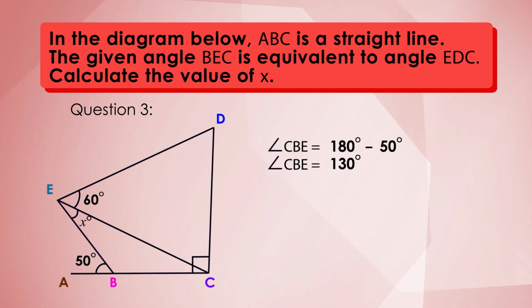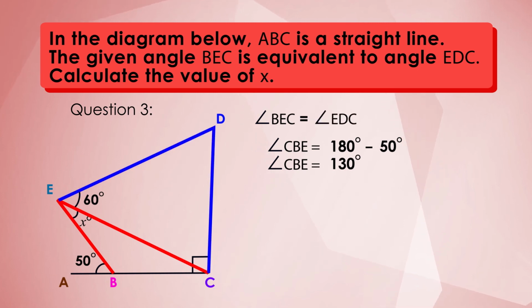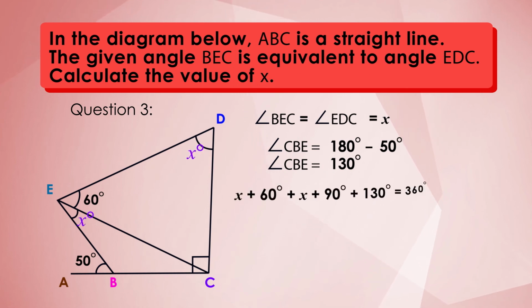Next, as we know that the angle BEC is equivalent to angle EDC, we can now label angle EDC as x. Now, in order to find the value of x, we need to add the sum of all the interior angles for BCDE.